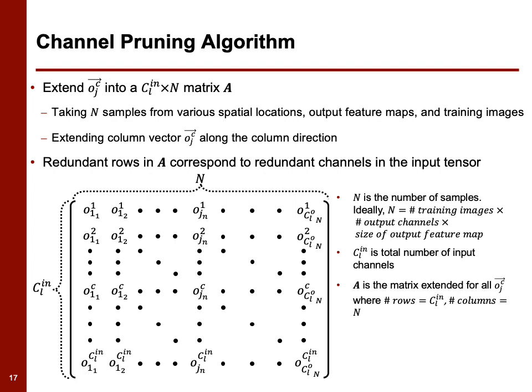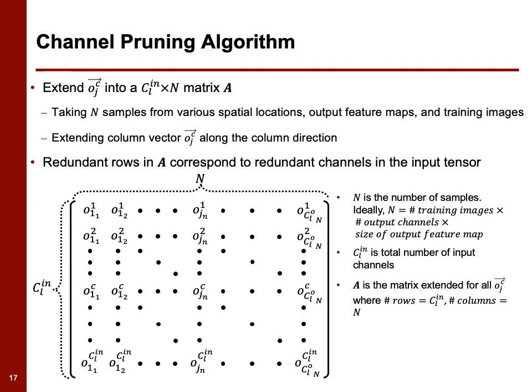The resulting matrix A looks like the following, where N is the number of samples, and ideally, N equals the number of training images times the number of output channels times the size of the output feature map. CLN is the total number of input channels.